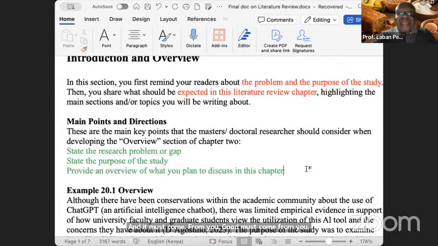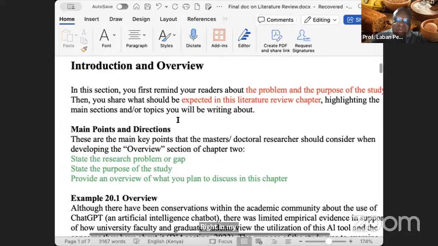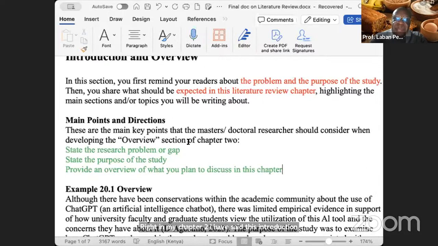I don't want you to keep asking yourself, what will I write in my chapter 2? I have said there's an introduction and overview, and the overview section of this chapter will have all these things.